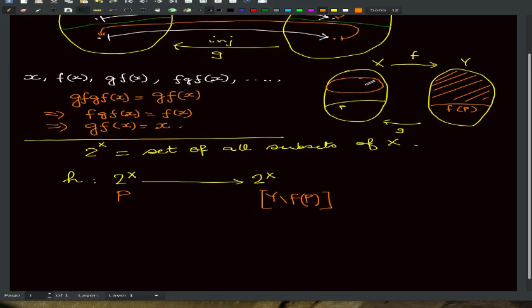So this part and this part are in one-to-one correspondence. And then I look into its complement.